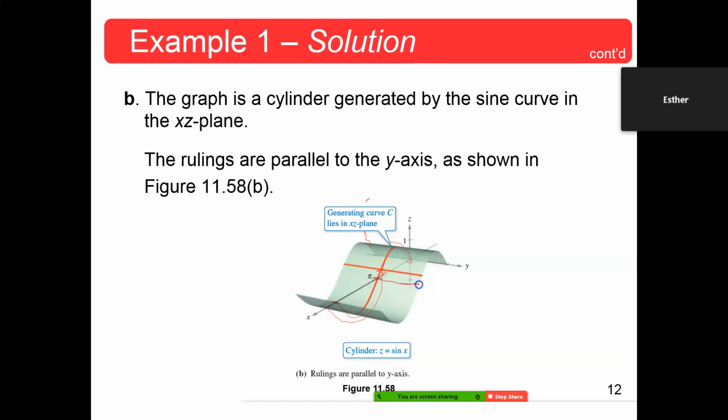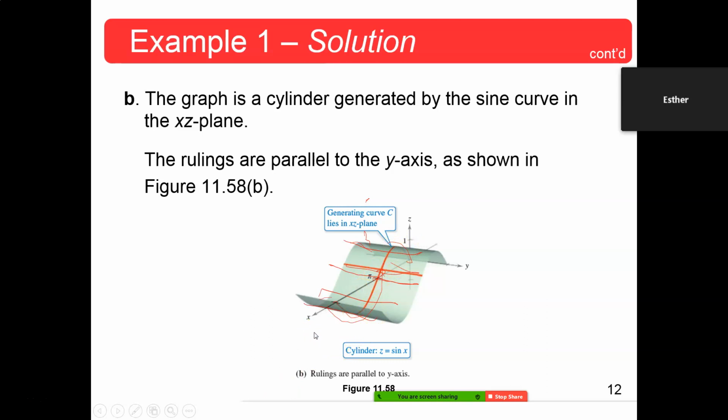So here would be another trace parallel to the y-axis. There's one, there's one, there's one, there's one. So you have all those traces that cut parallel to the y-axis through that one shape, the sinusoidal curve from 0 to 2 pi.